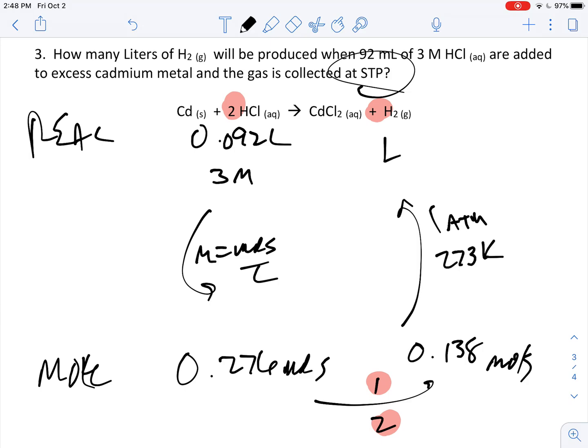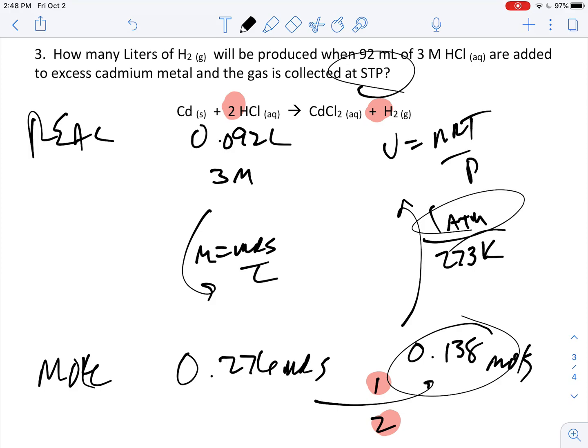And now volume is equal to nRT over P. Plug in your moles, your pressure, and your temperature, and you will end up with the same answer of about 3.09 liters, assuming I've done my math correctly.